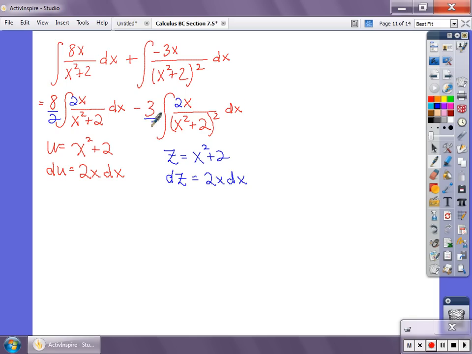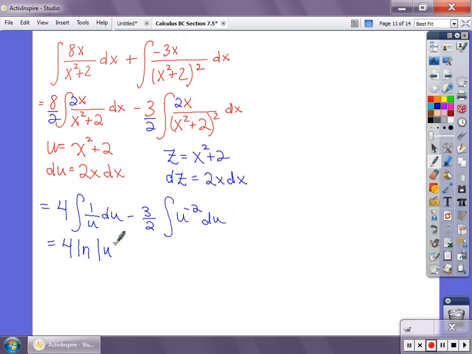And so what we're left with is 8 over 2, 4, times the integral of 1 over u du minus 3 halves the integral of 1 over z squared. So that's going to be z to the negative second dz. Integrating now, we have 4 times the natural log of the absolute value of u.